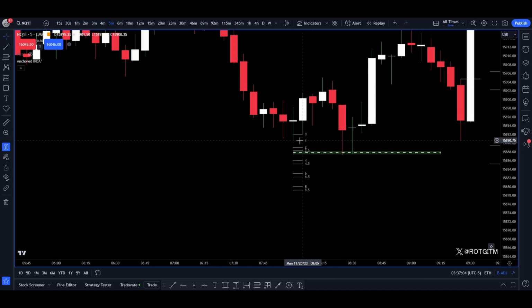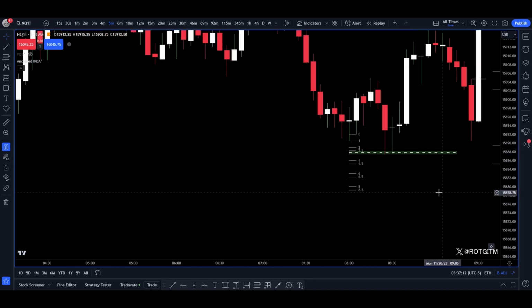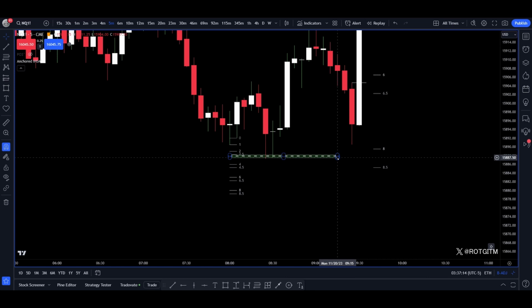Came down, ran out this low here to 3 standard deviations, so 1 box below the 2.5. Didn't come back to it. This is like a confirmation tool almost, because you see this low came back down to this low.